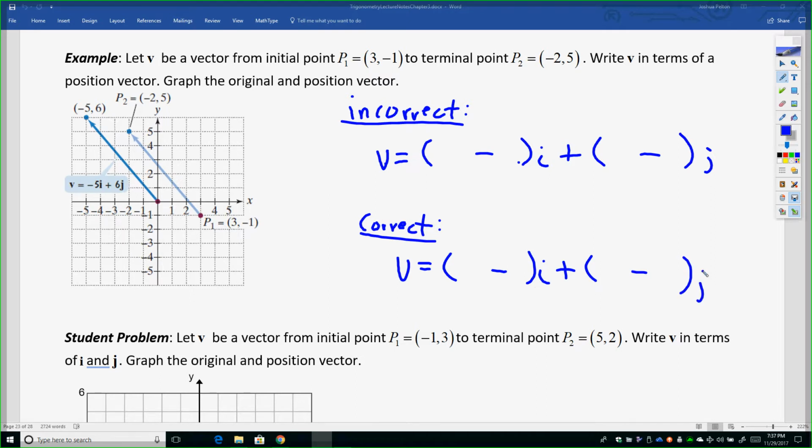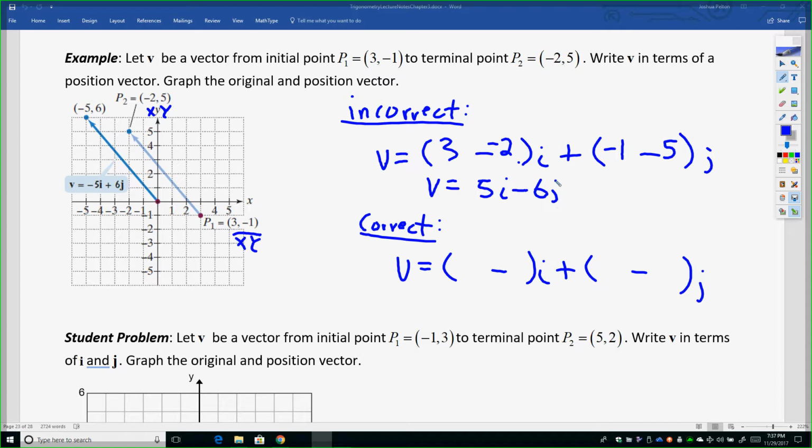Okay, so let's say we do it incorrectly, and we did initial minus terminal for this original vector that we had, xy, xy. If I did that, that would be 3 minus negative 2, and negative 1 minus the 5. So that would give me a vector of 5i minus 6j.